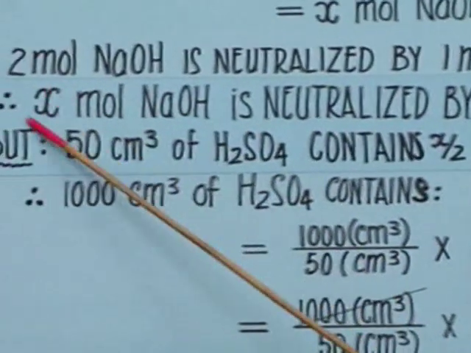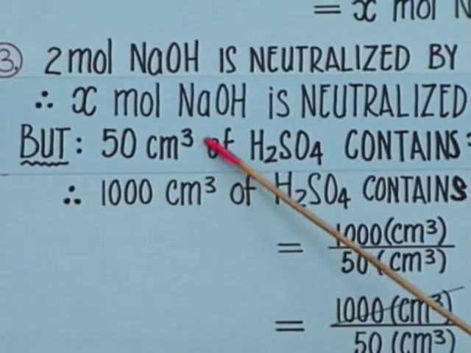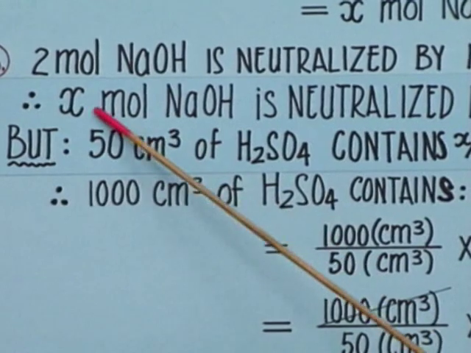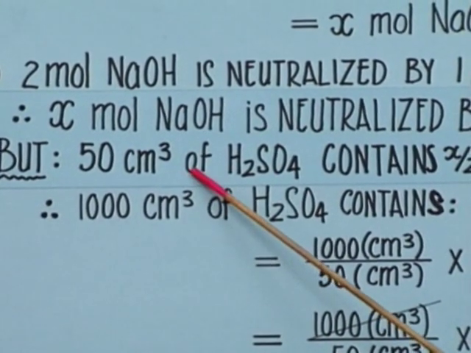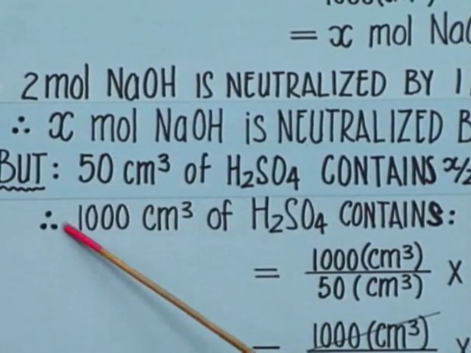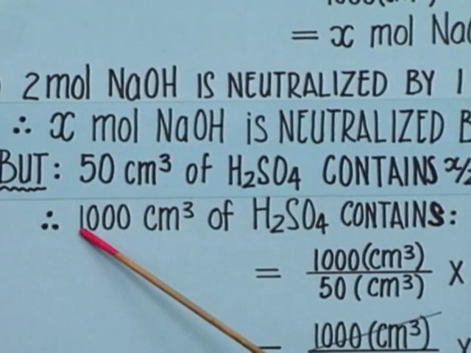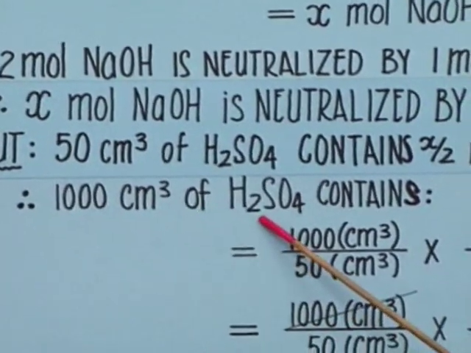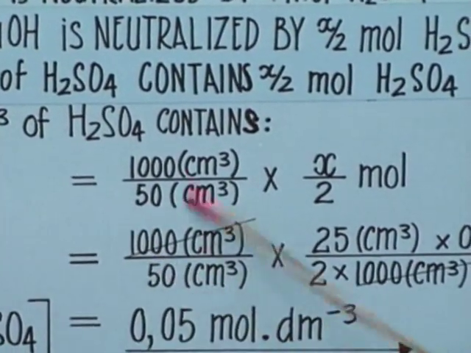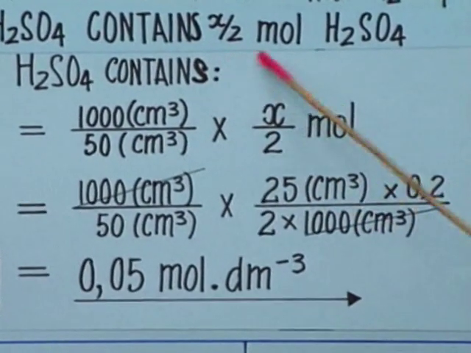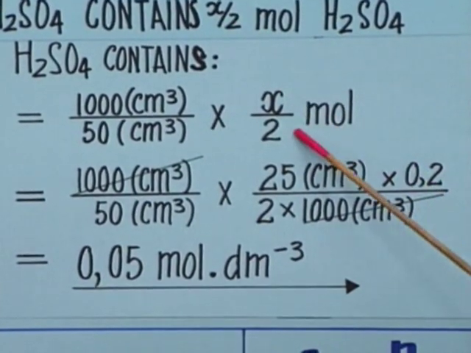But, of course, we're not interested in the number of moles of sulfuric acid in 50 cubic centimeters when we find concentrations. We want to know the number of moles in what volume? In 1,000. Correct. So we've got to do a little proportion sum again. We say, therefore, 1,000 cubic centimeters of sulfuric acid contains, and once again we take these two quantities, we invert them, and multiply by the quantity on the right-hand side, X over 2.